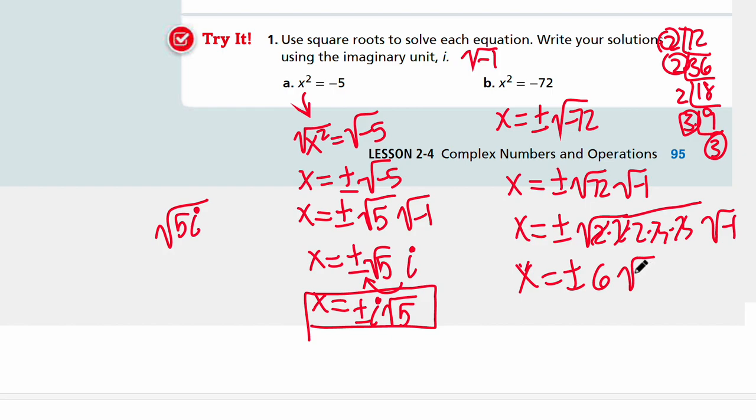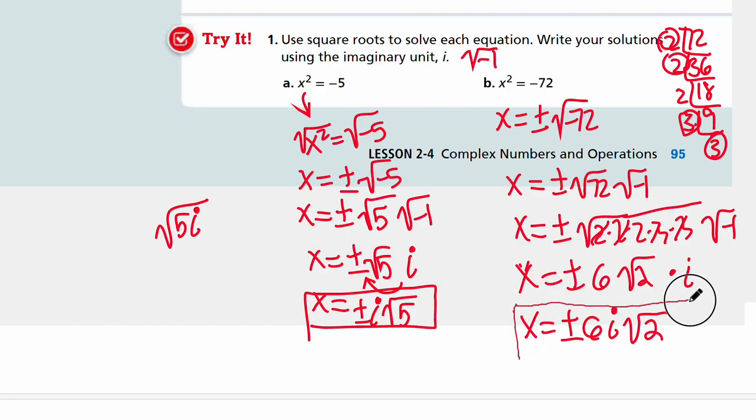And then you still have the square root of 2. And then you have the imaginary unit. So the proper way to write it would be plus or minus 6i, so order them, and then the square root of 2. So the square root comes in at the very last because you have the square root, and you may create confusion with the numbers after that being inside the square root.